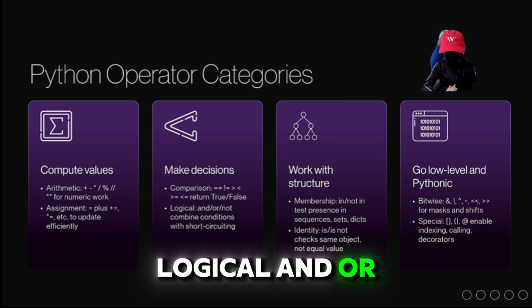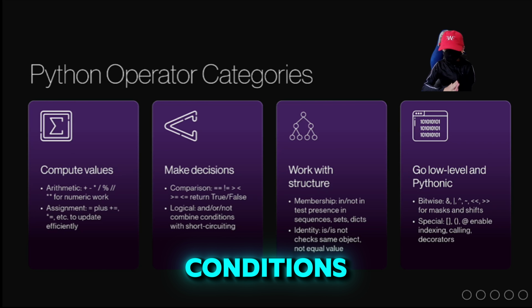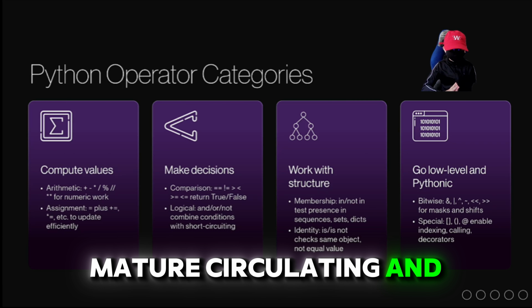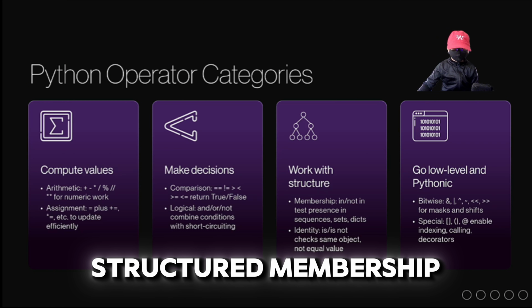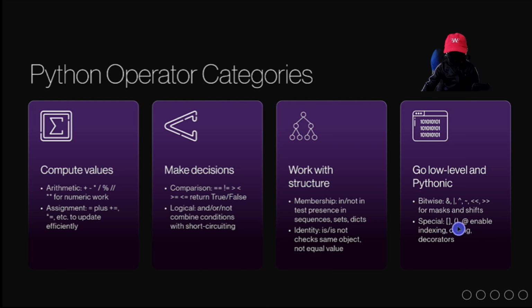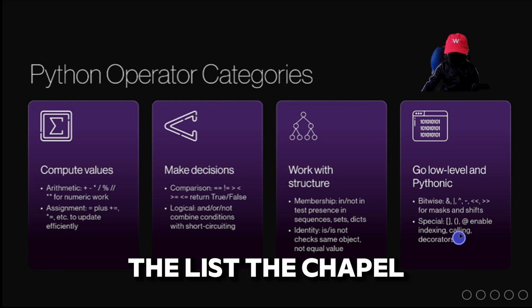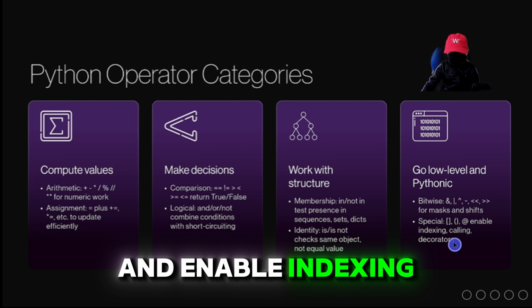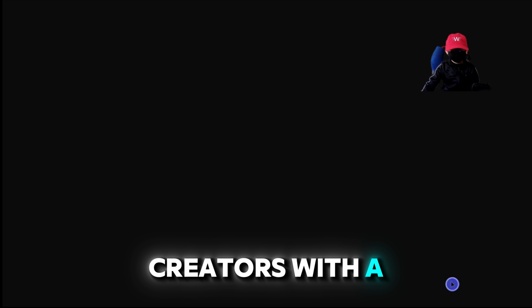Logical: and, or, not, combine conditions, work with short-circuiting, and more. Work with structure: membership, in, not in, test presence in a list or a tuple, and enable indexing, calling, decorators.